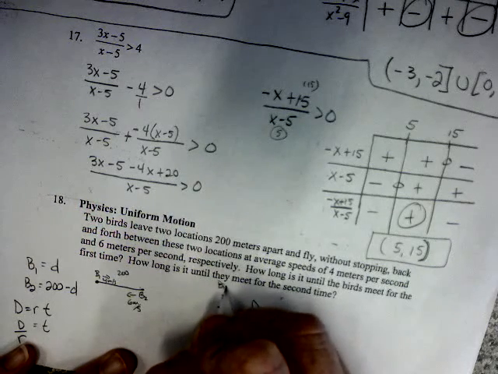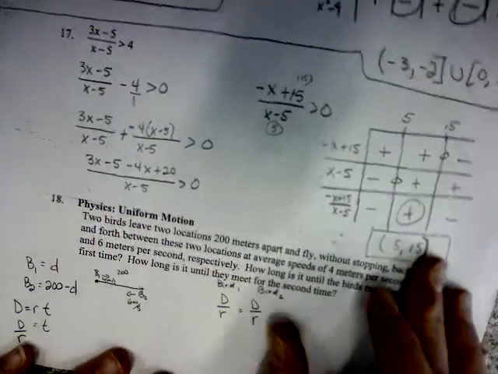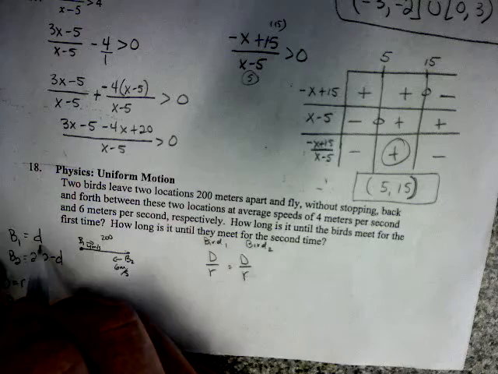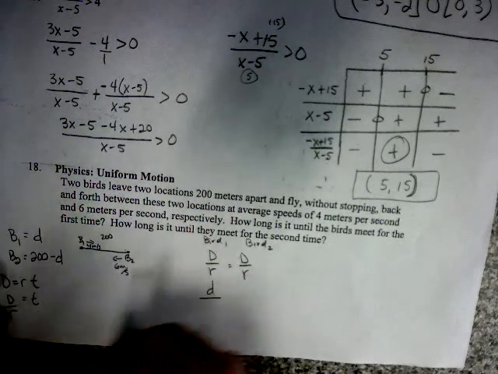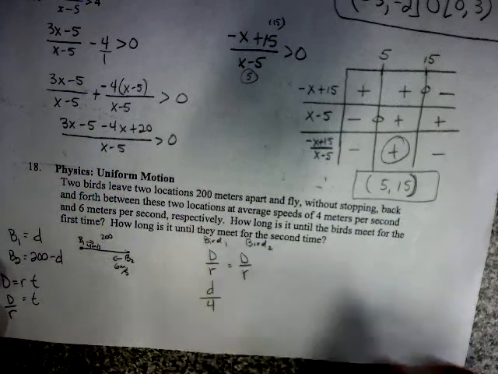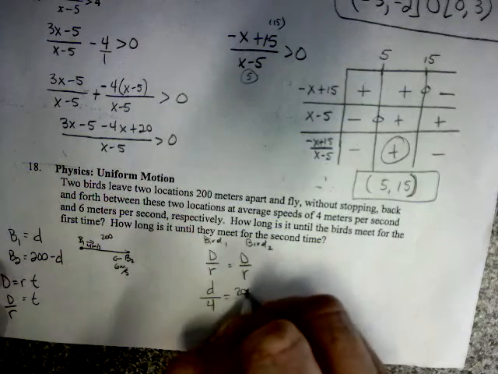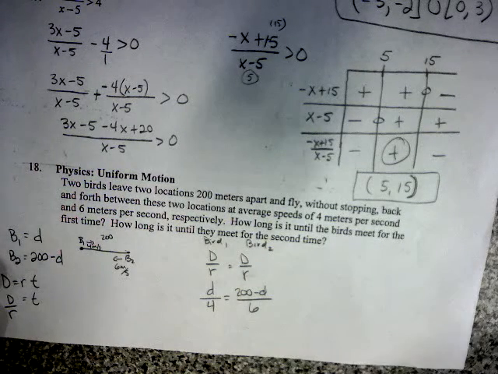So this could be bird 1 and this can be bird 2. How far did bird 1 fly? D. And his rate is 4 meters per second, so we'll put that over 4. And bird 2's distance is 200 minus D, and he flew at 6 meters per second.